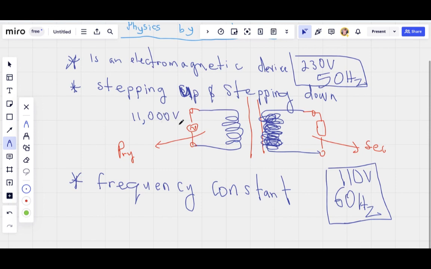The job of a transformer is that, if it's a step-up transformer, it will raise the voltage in the power station to a higher value, maybe about 400,000 volts, from the 11,000 volts produced in the power station.